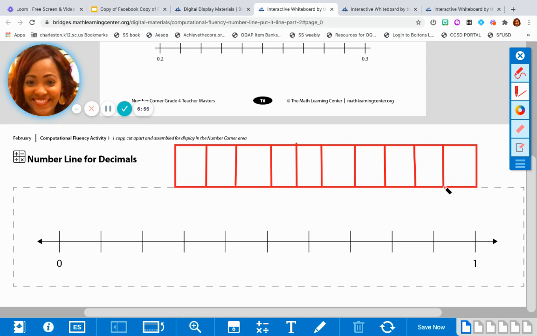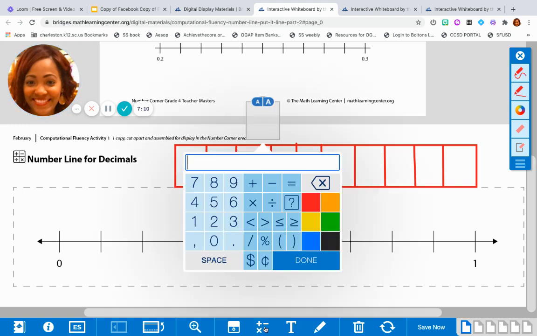Maybe you drew the number line and you went ahead and labeled it. So let's talk about how you labeled it. If we know that there are 10 equal parts, then how would I say that if I was talking about fractions? If I was talking in terms of a fraction, how might I say that? What might I say about one of those pieces?